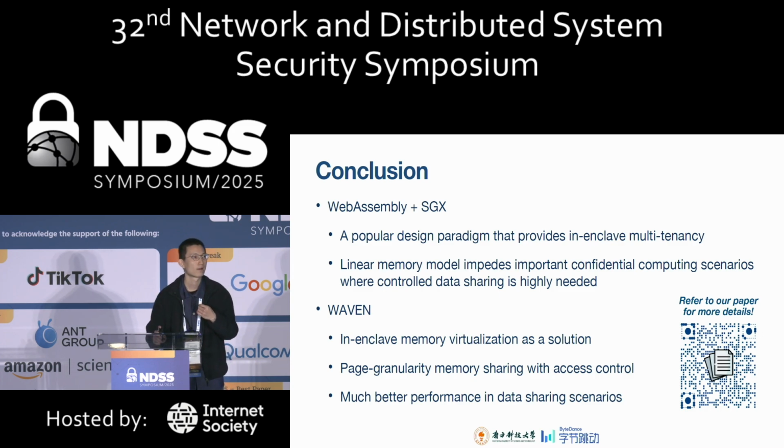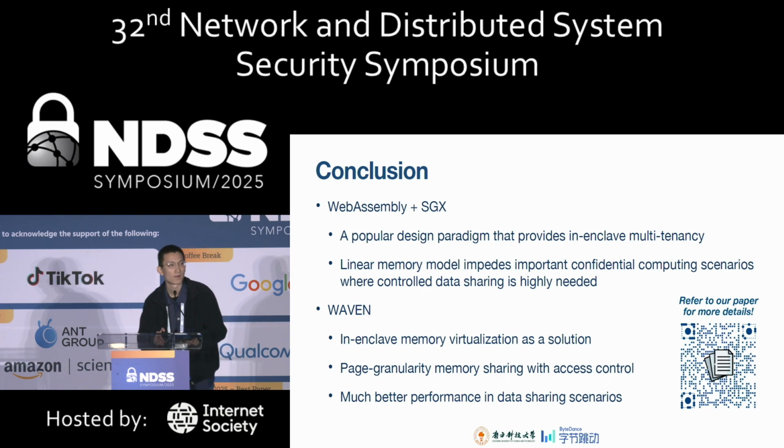So the Wasm compiler internally translates the address while compiling the code? Yeah, we modified the AOT compiler to support this. Okay, thank you. I actually also have a question.